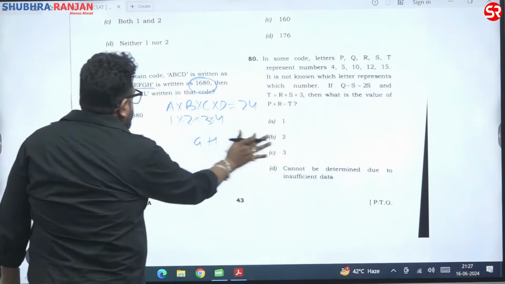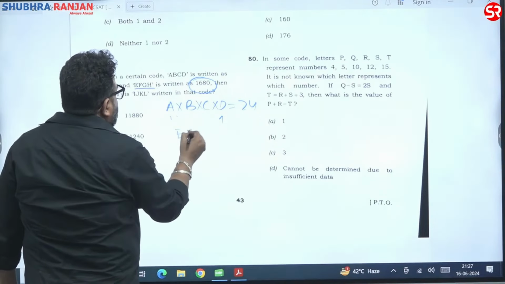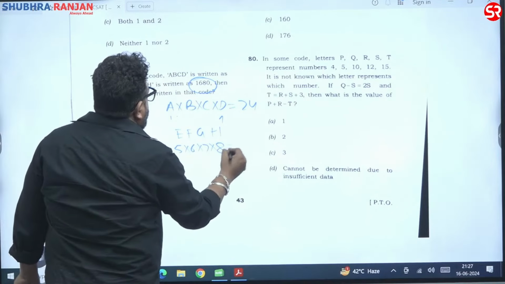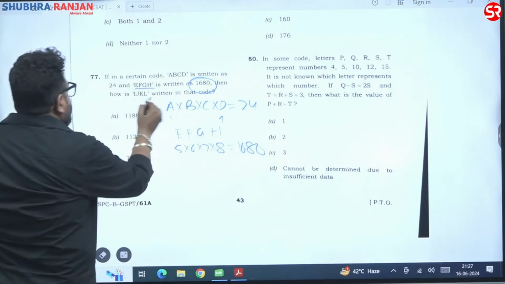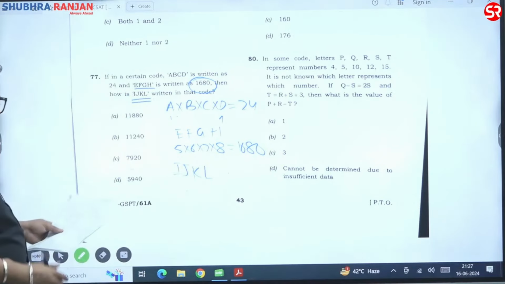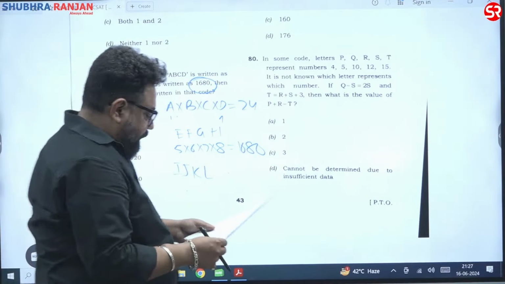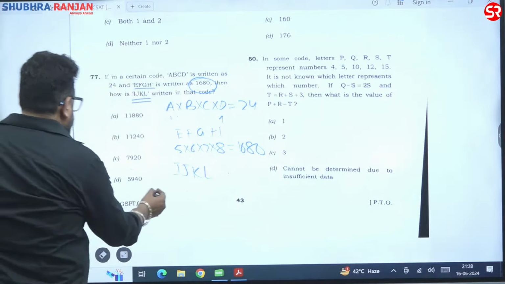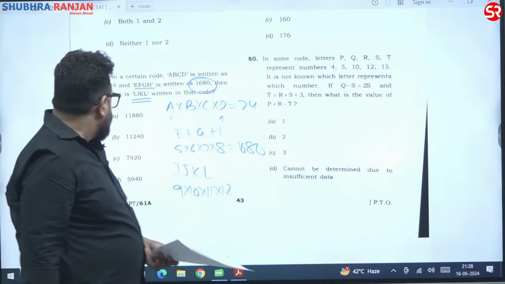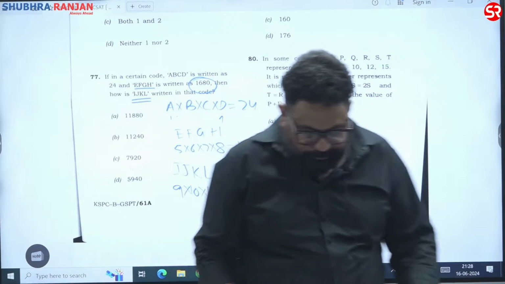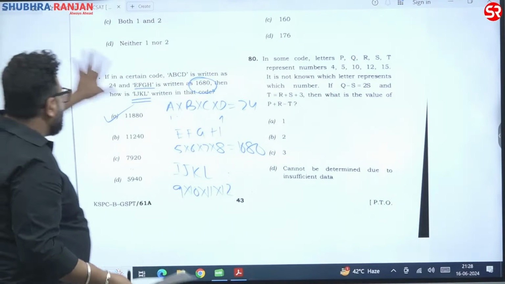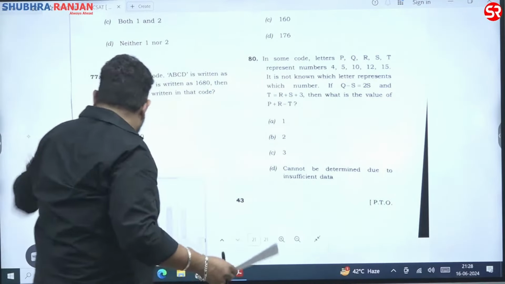So E F G H, 5 6 7 and 8, comes out to 1680. So he's asking for I J K L, so definitely you need to multiply them. 9 into 10 into 11 into 12. Check how much answer is coming. It comes out to be 11880. We're done with 77. So easy, right guys?